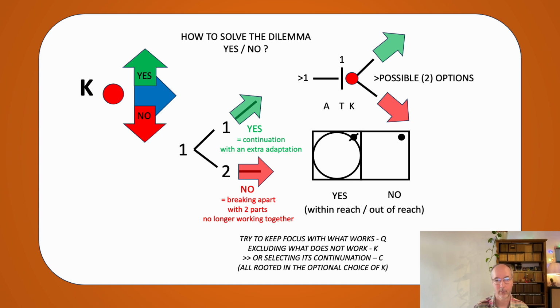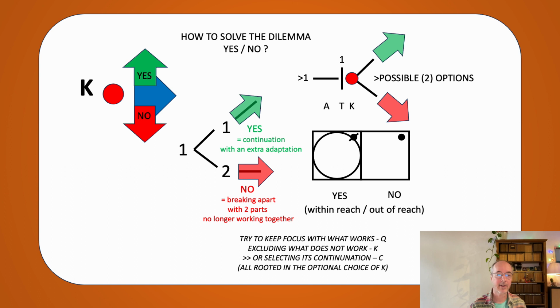The no will be also dominant, but if I do this in balance with some adaptation, I will break apart what I need to break apart. What doesn't work together, I just leave it alone, and then I can have a continuation. So the best thing to do with the K is to have a balance between the yes and no, although it has options in all directions. But let's see it now from a balanced point of view.